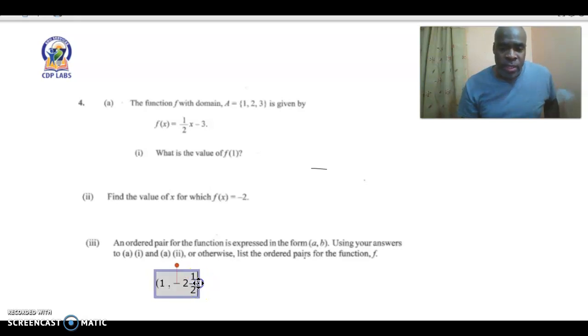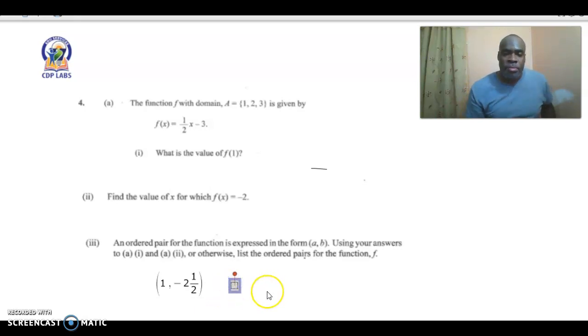The question did not tell whether to leave your answer in decimal or fraction, so you'll still be correct. For part 2, you were given the y value, but asked to find the x value. We discovered the x value is 2, and the y value given is minus 2. So those are the two ordered pairs.